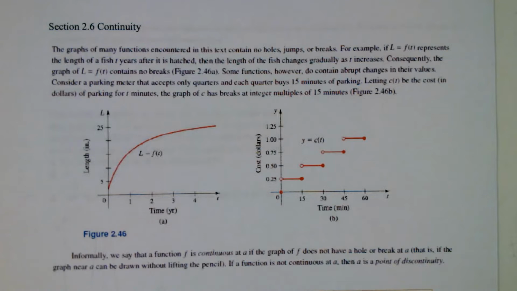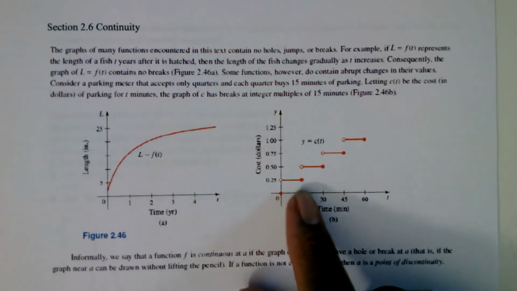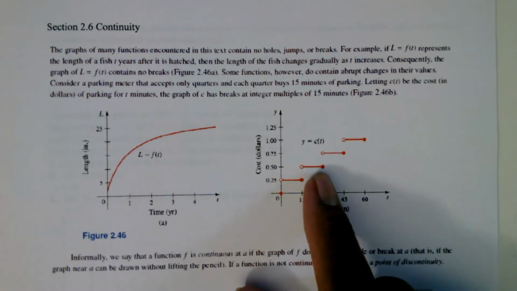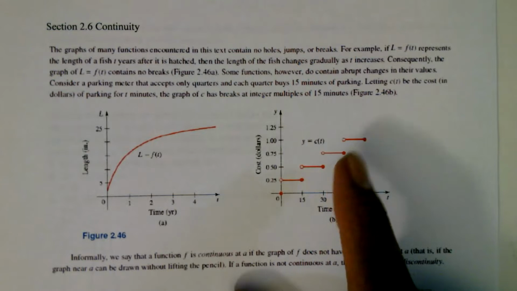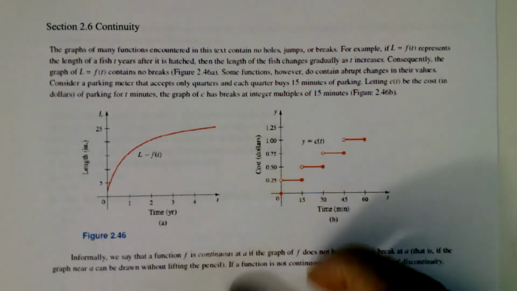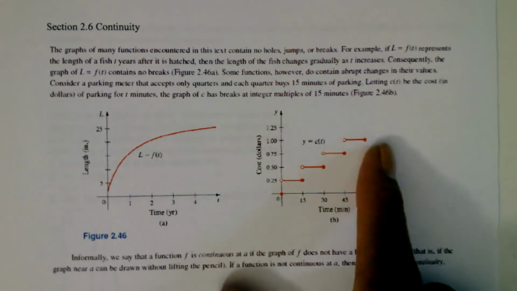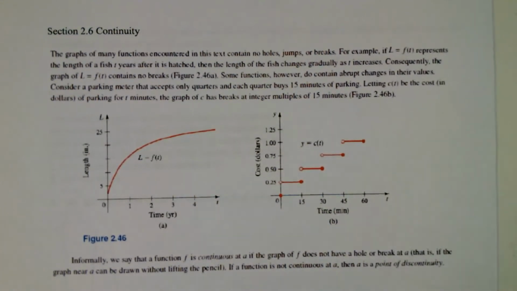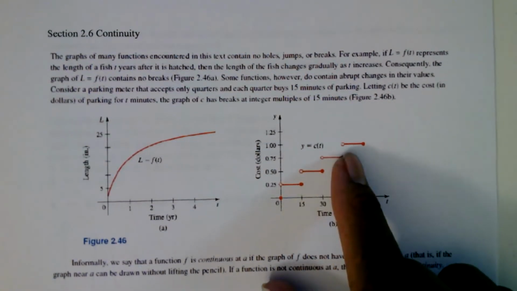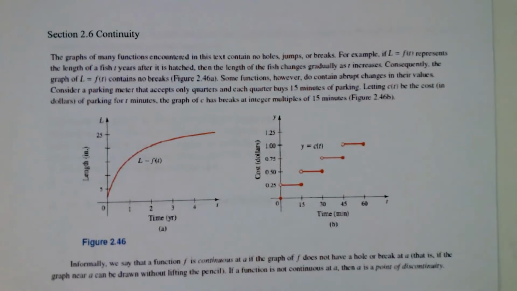So it's 25 cents for 15 minutes, and then it jumps up to 50 cents after 15 minutes, but at least 30, and then greater than 30, but at least 45, is 75 cents, and so on. So there is a jump in that graph. And this, by the way, is called the step function.